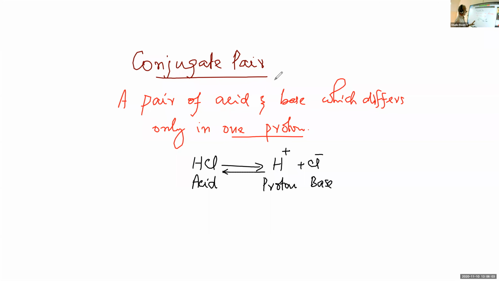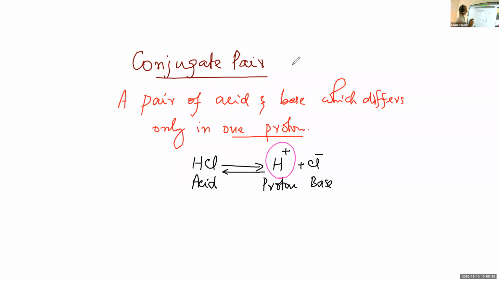Now we have got a pair of acid and base. On the left hand side there is an acid, HCl. On the right hand side there is a base, Cl minus ion, chloride ion. You compare these two. They differ only in one proton.